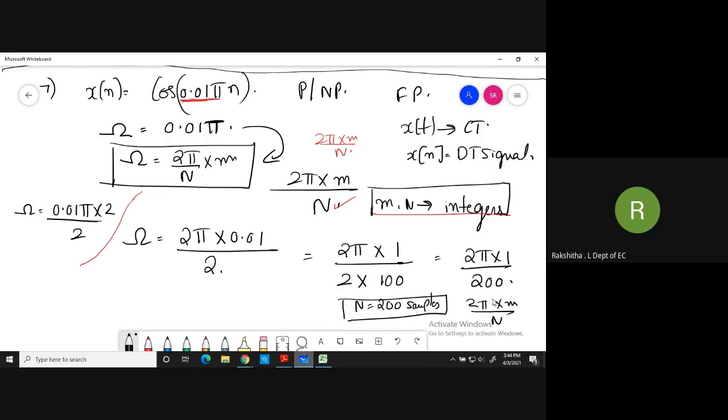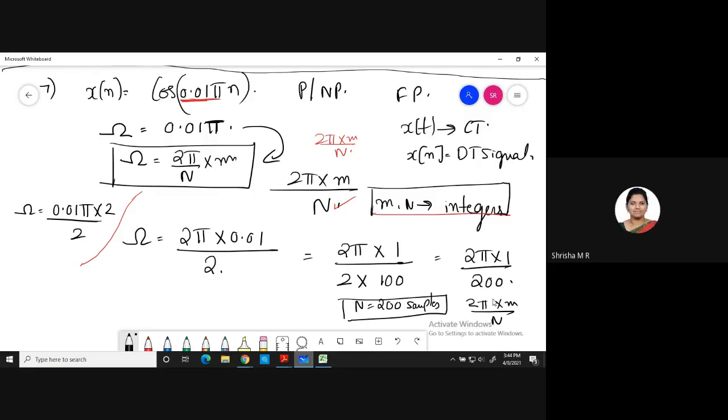Ma'am, in this question, we just have to find the n value, no, ma'am? Samples we have to find, the fundamental period for the discrete time signal. Ma'am, can we do it in the same procedure as we did previously, like 2 pi by n, take that formula and do it? You can do it like that also, but this is easier. We get the same answer.